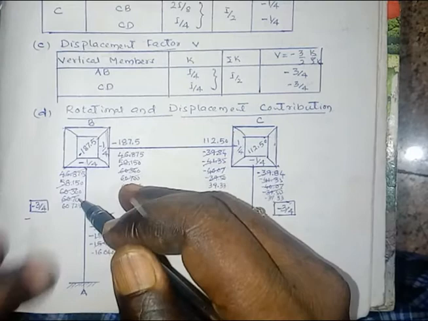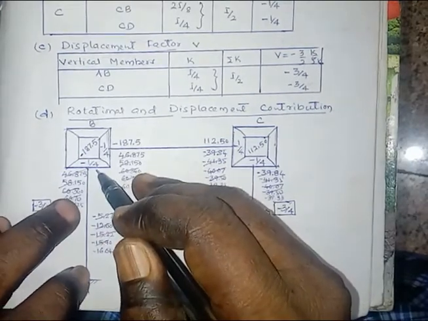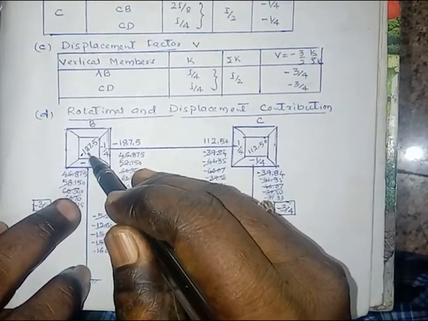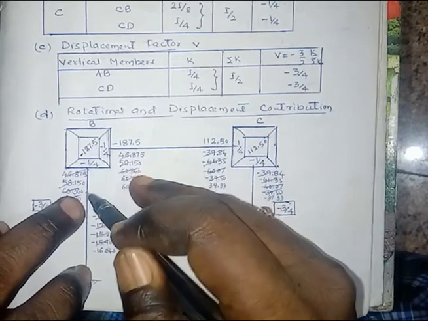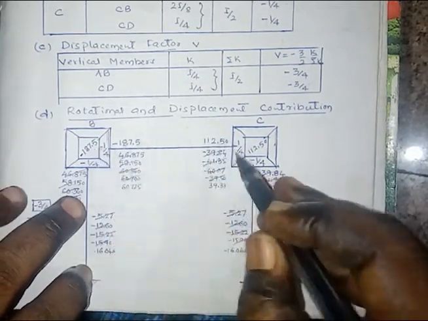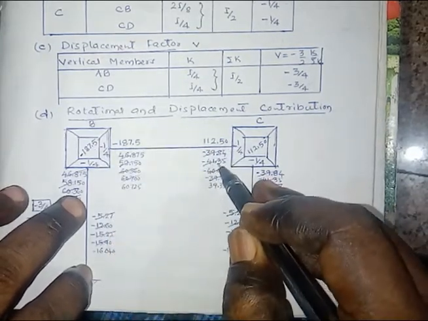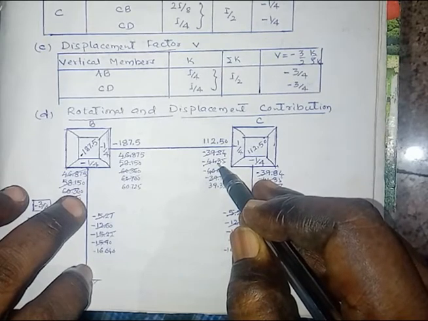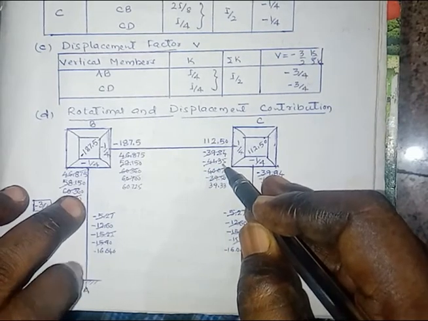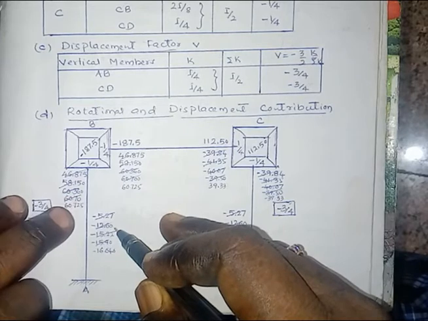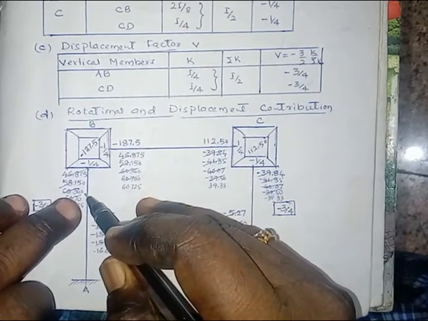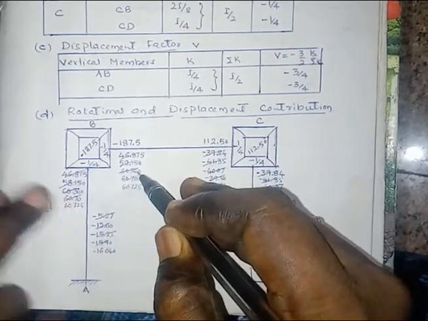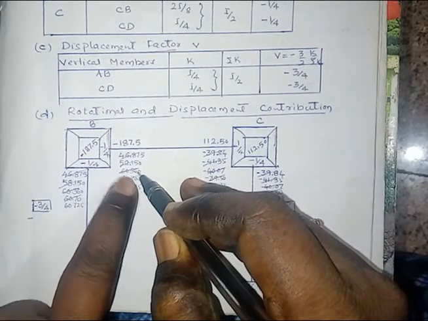Repeat the process: minus 1 by 4 inside the bracket minus 187.5 plus minus 41.35 minus 12.6, you will get 60.36 for BA. Similarly, the BC value is also 60.36.